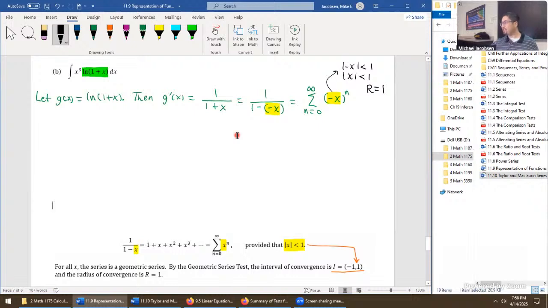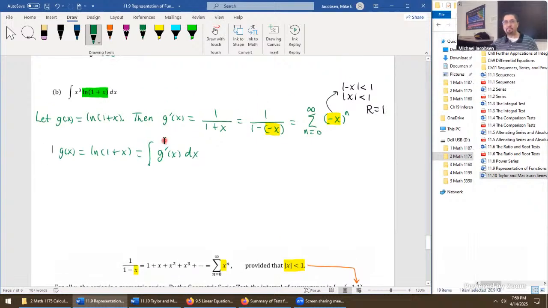Now that we have all that in mind, let's see, what should we do? Let's simplify this a bit, because we have to integrate it on the next step. So let's rewrite this as now g of x equals natural log 1 plus x, which is then going to be equal to the integral of g prime of x dx.